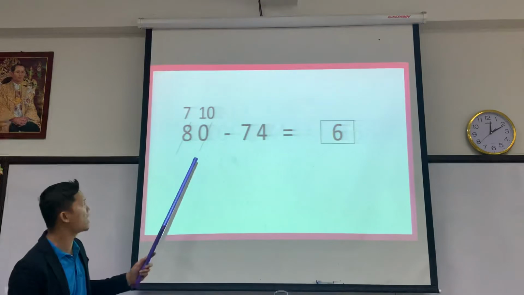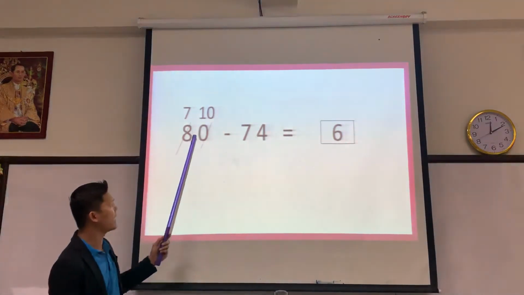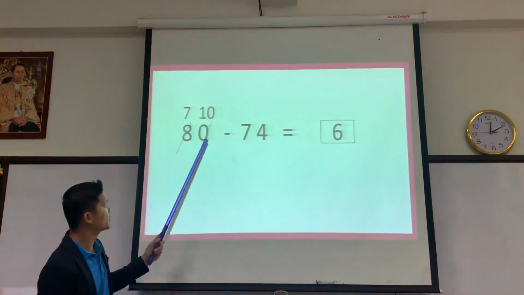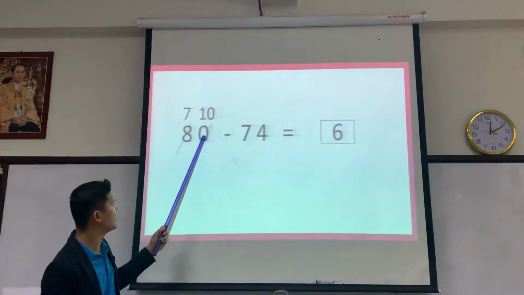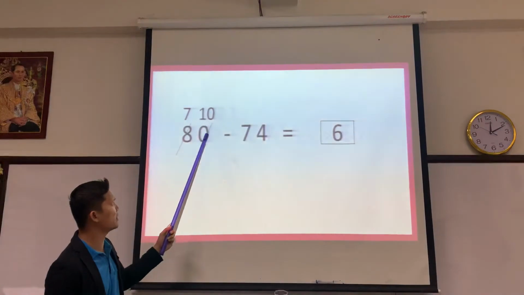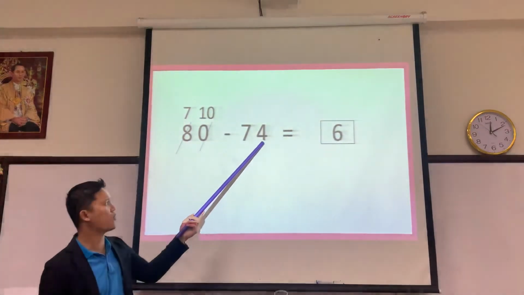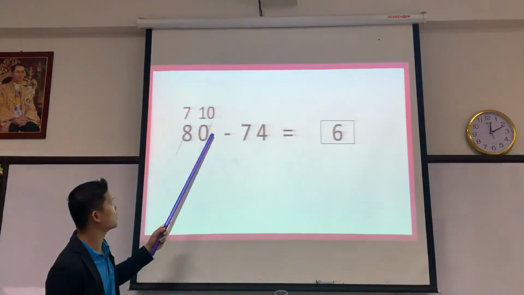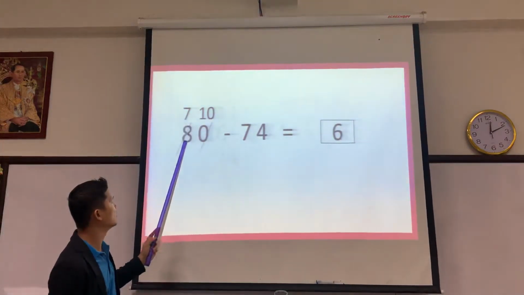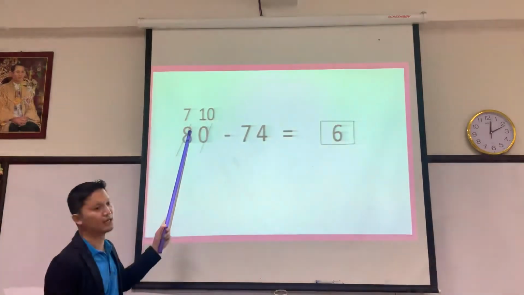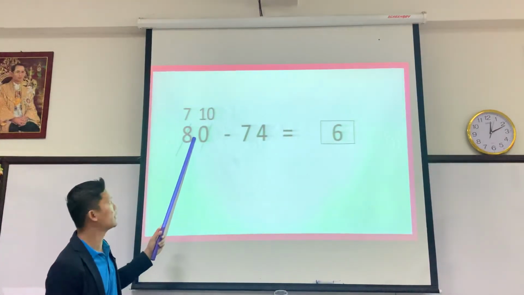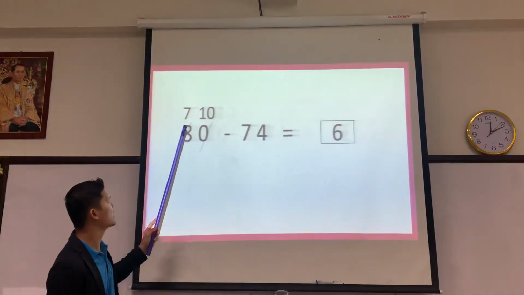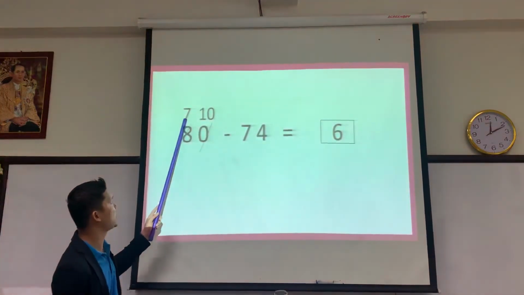Here is another one. We have 80 minus 74. The same, we don't have a number here. Our subtrahend is 4 and our minuend is 0. So we borrow from the tens place number. This 0 becomes 10 and the 8 becomes 7.